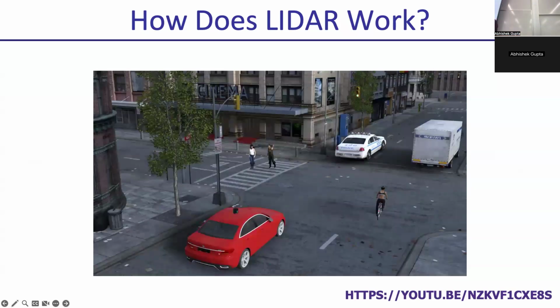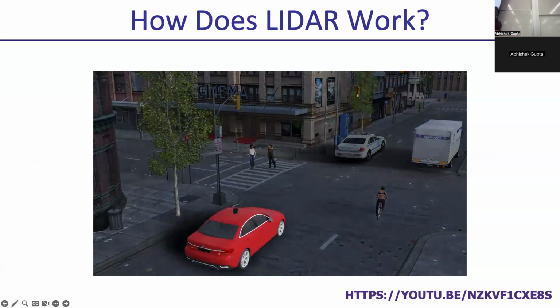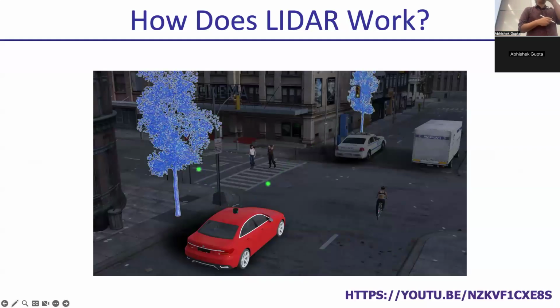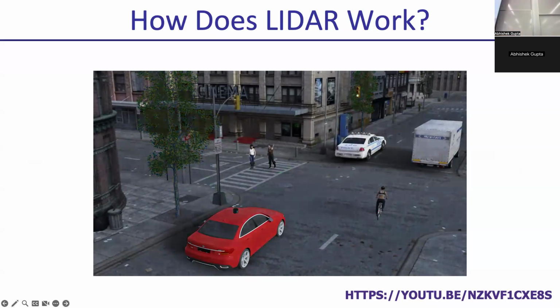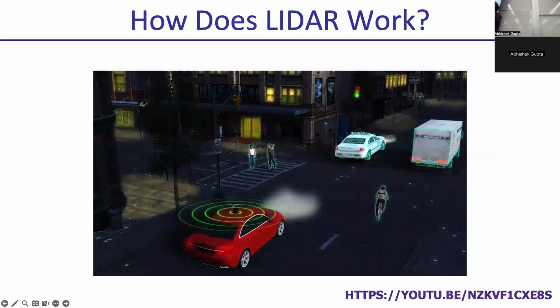So why should we use LiDAR? Why is LiDAR good? Thoughts? What do you think? Yeah, exactly. If you had to use something like a camera, cameras are great, but you have to understand the semantic information in the scene.